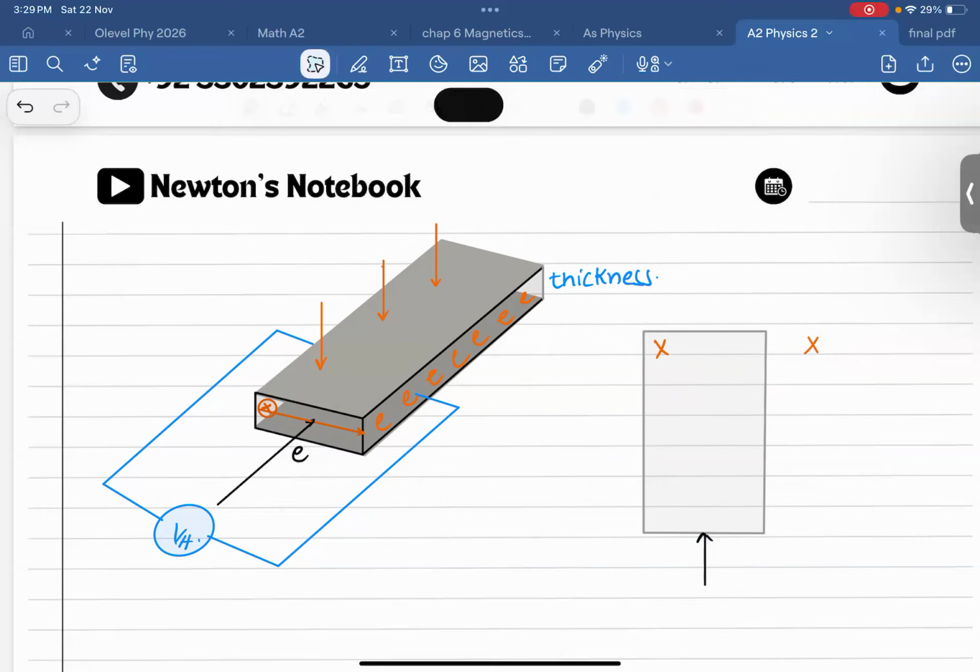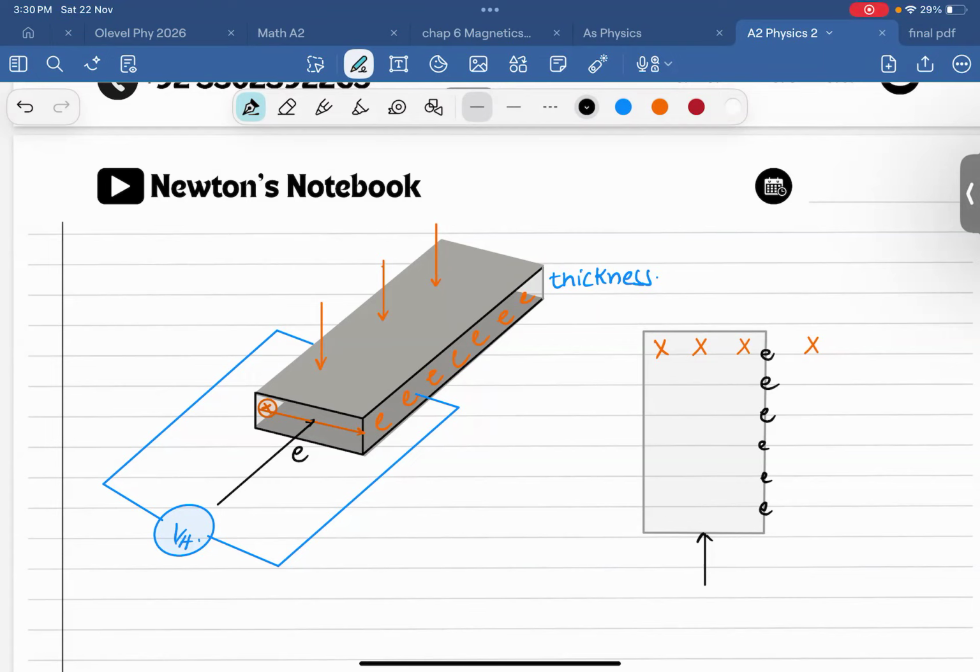Okay, so you can just have it here and have it here. So basically the electrons will start appearing on this side, not outside, inside.